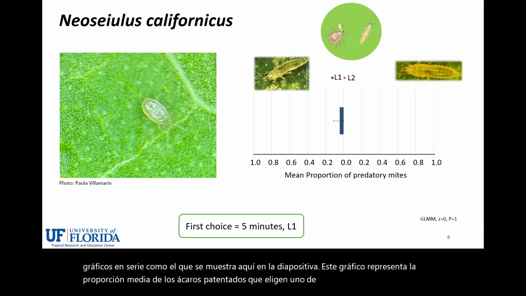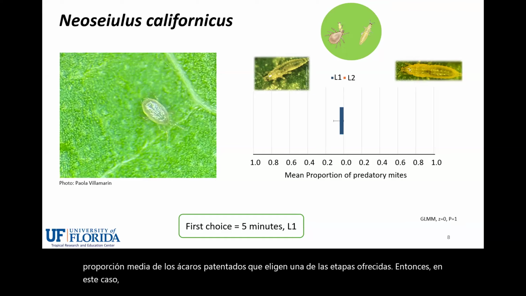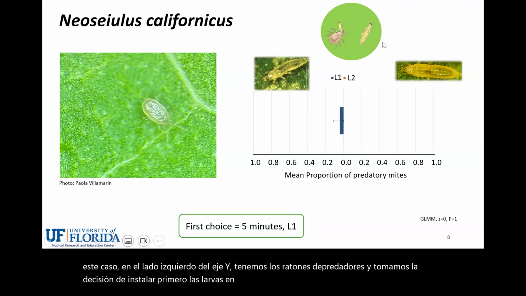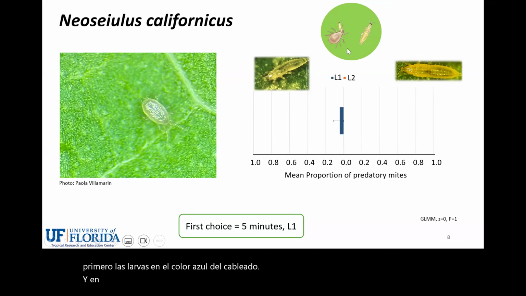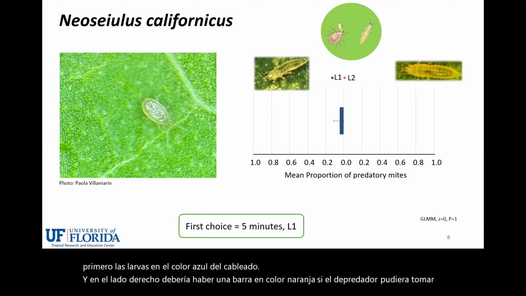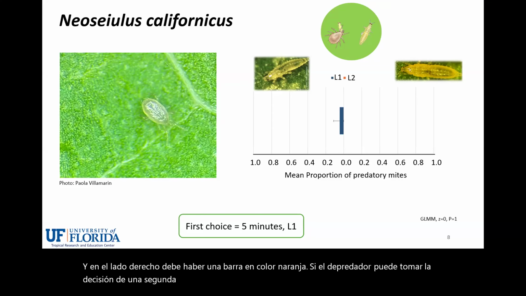In this case, on the left side of the y-axis, we have the predatory mites that made a choice for first instar larvae, in the blue bar, and on the right side there is an orange bar if the predatory mite made a choice for second instar larvae, as in this case. At the bottom of the slides, I will show you what was the first choice and the time of this first choice of each predatory mite.